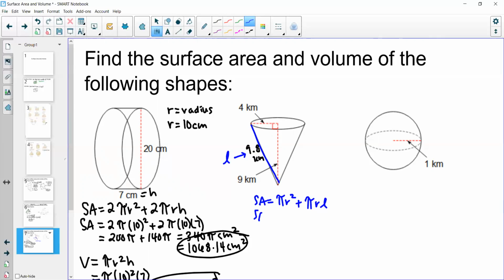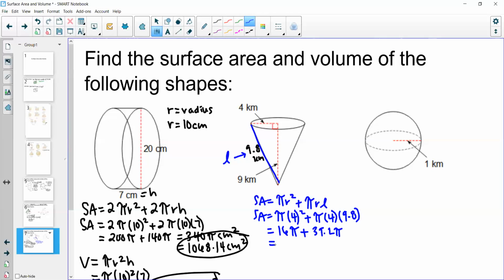So our surface area here is going to be pi times our radius, which they did give us, 4 squared, plus pi times 4 times 9.8. So this is 16 pi plus 4 times 9.8, which is 39.2 pi.